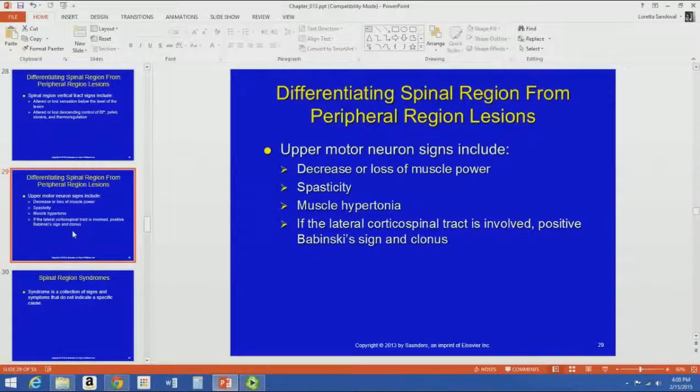The upper motor neuron signs, you don't get those in peripheral lesions either: spasticity, hypertonia, Babinski sign. And that is all we're going to talk about for that.